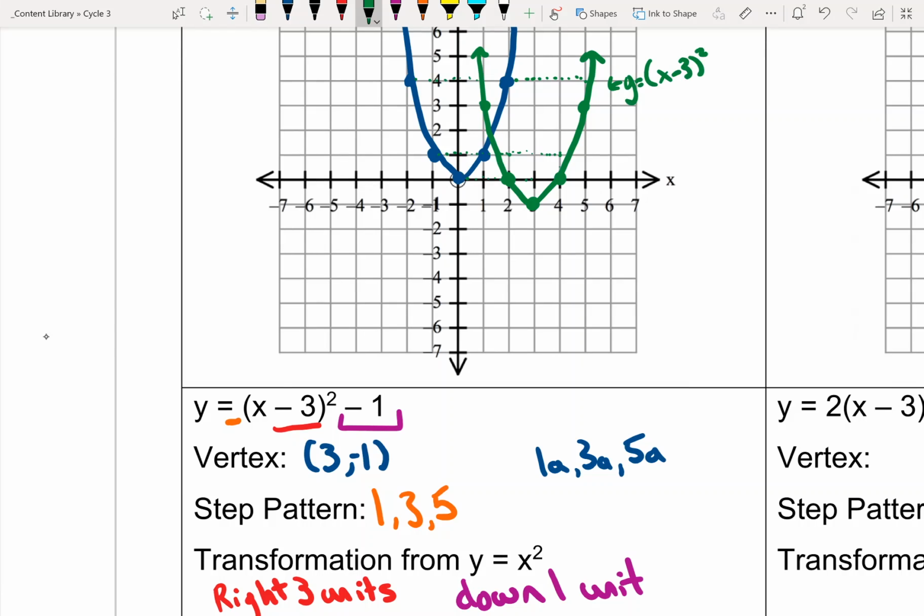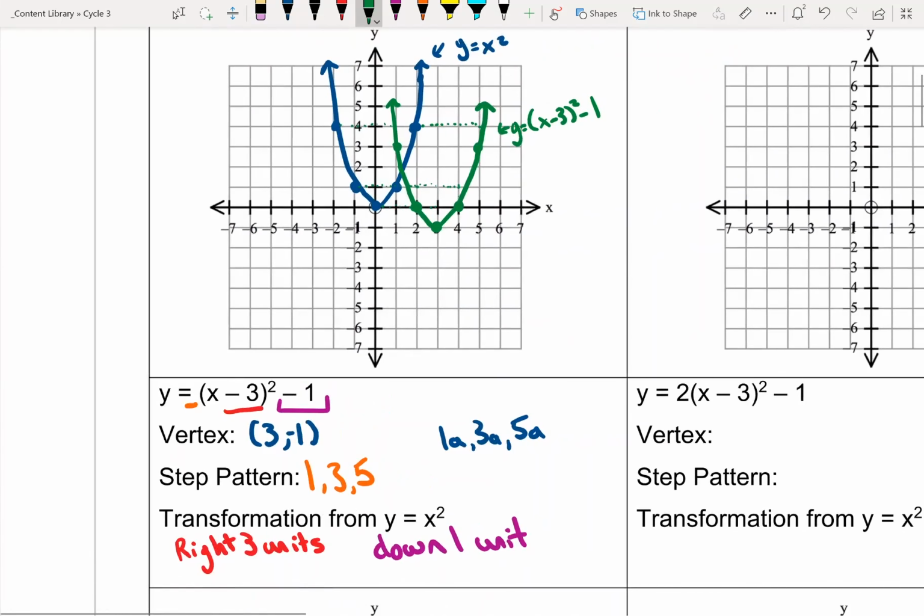Either way you choose to do it is up to you. I always highly recommend drawing the base form because it helps us understand how the transformation actually occurred. Using two different colors definitely helps, but if you don't have that ability, that's fine as well.